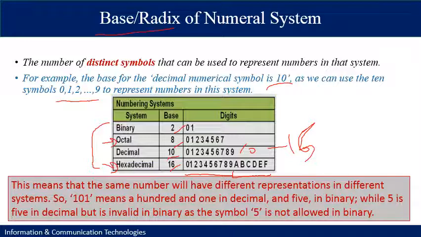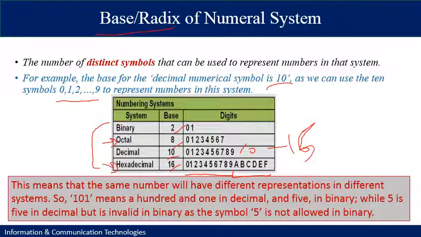For example, 10 stands for A, 11 for B, and up to F for 15. So this means that the same number will have different representations in different systems.